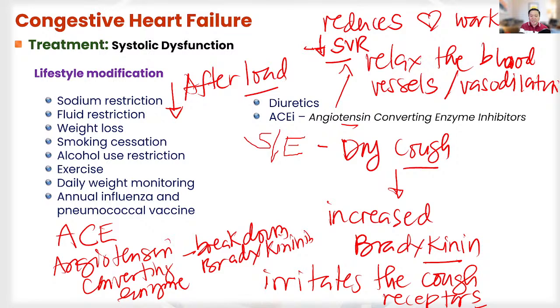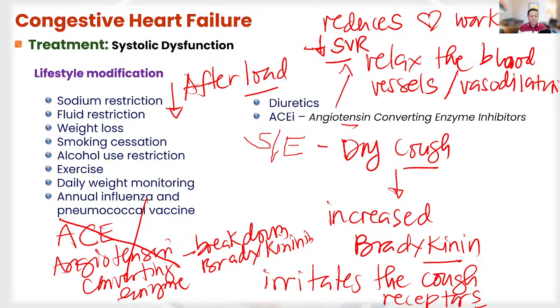However, when the patient takes the ACE inhibitor, that breakdown will no longer be there. And so there is that increased level of the bradykinin in the blood. And again, it will irritate the cough receptors. And so the patient will be complaining about the dry cough. Okay? All right. So I hope that you're capturing that one.